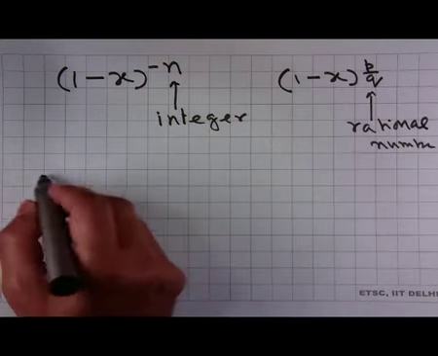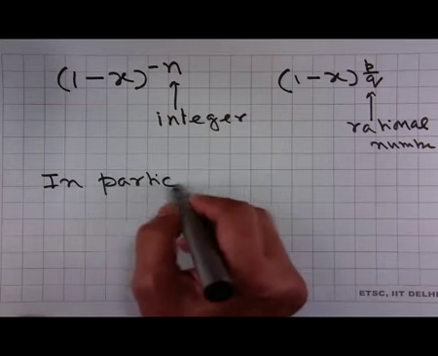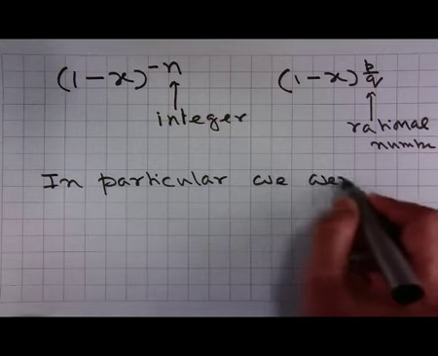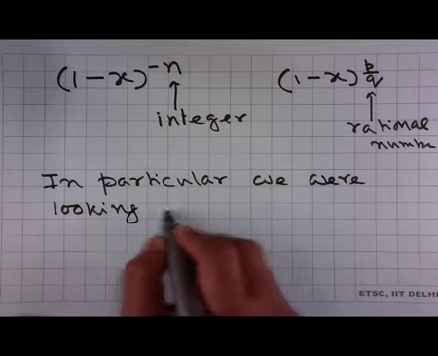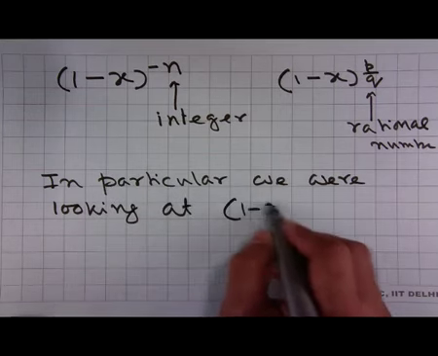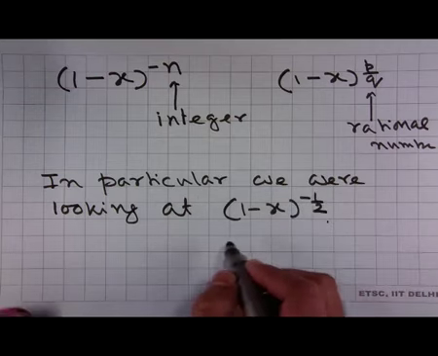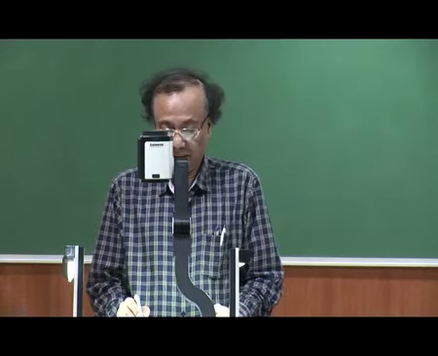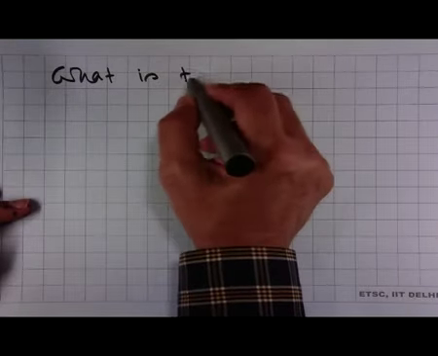In particular, we were looking at (1 minus x) to the power minus half, and we have seen the coefficients of its expansion for different powers of x. Let us take a simpler problem.